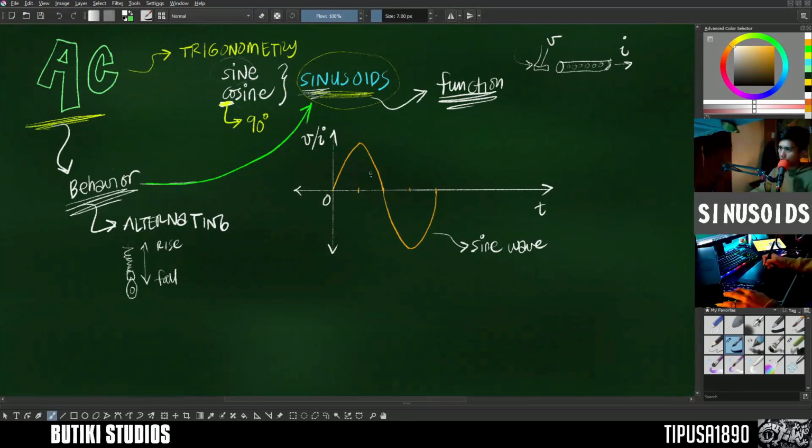So kani siya nga wave, this could be either current or voltage depending on unsa ang gibutan nato sa example. But for the sake of this example, ato na lang is-set as voltage, although alternating current siya, but example is voltage. So let us say kaning maong wave, that is your voltage nimo nga wave.